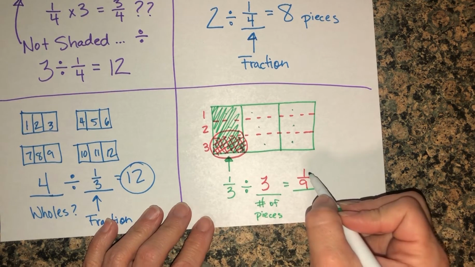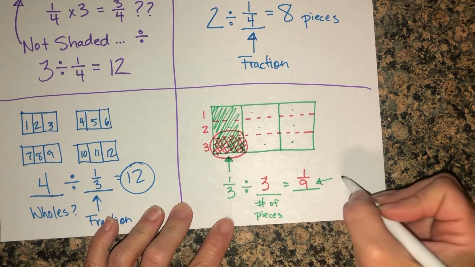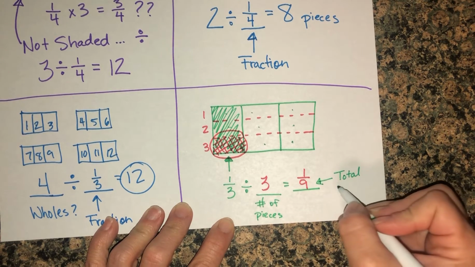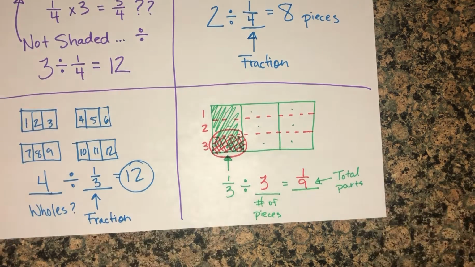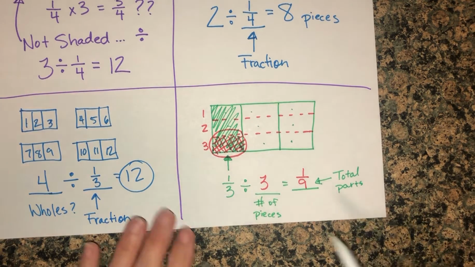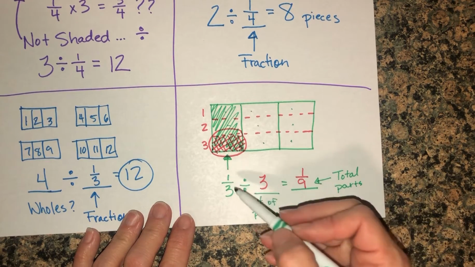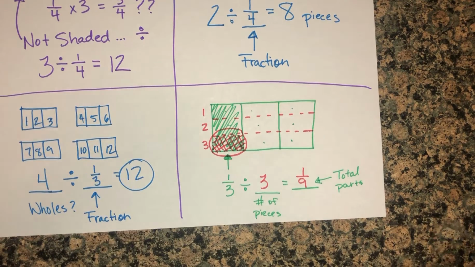It's going to be 1, and then the denominator is going to be the total parts in your model. So you have to count all of them, because if we split this up and it was a Hershey bar, you would get 1/9 of the whole bar.